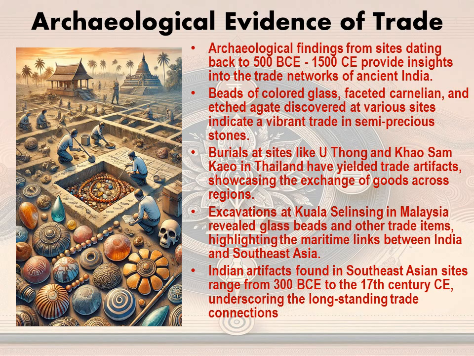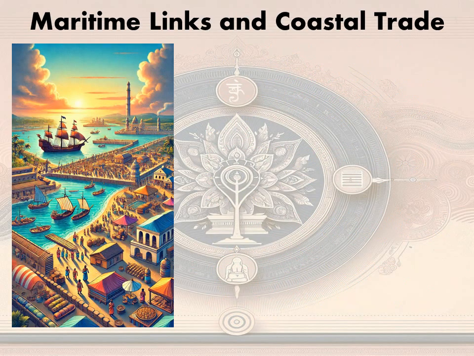Indian artifacts found in Southeast Asian sites range from 300 BC to 17th century CE, underscoring the long standing trade connection. So, for approximately 2000 years, Indian artifacts were major commodities of trade in trading activities with Southeast Asia.